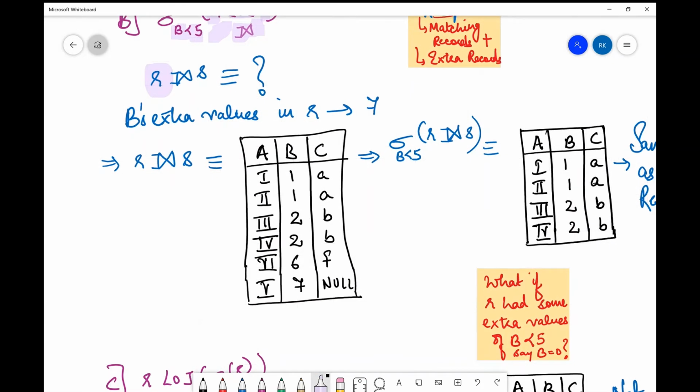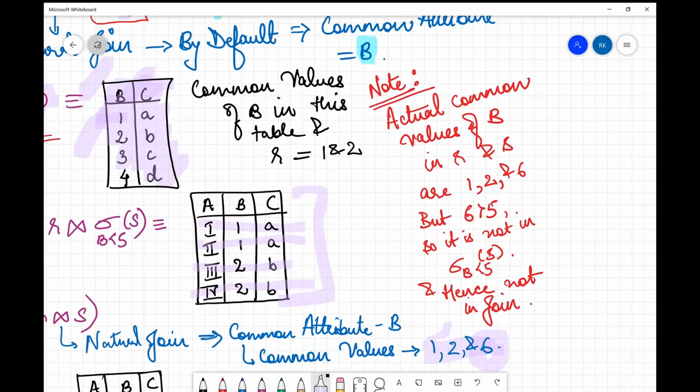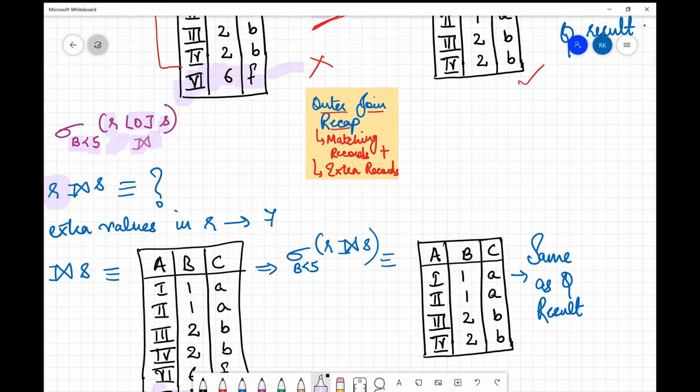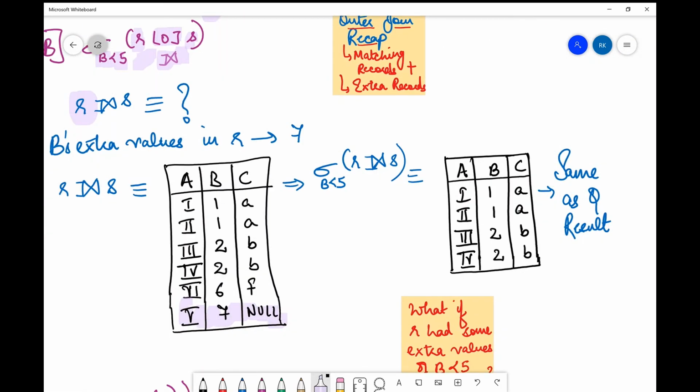So therefore, we are going to take this 7 also in consideration. Now when I perform the join, I am also going to get this extra record. So it is 5, 7, and since I do not have any corresponding value in attribute C, I place null over here. Now the rest of the values are the same as R natural join S. Only the extra value is this record. Okay.